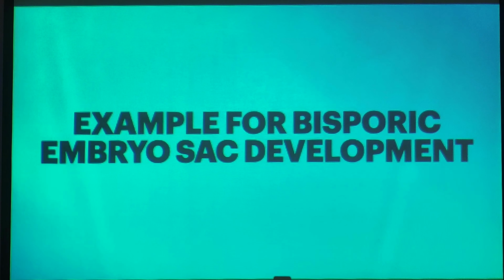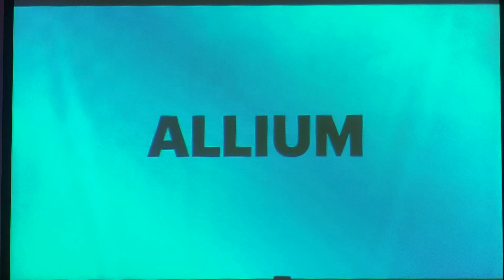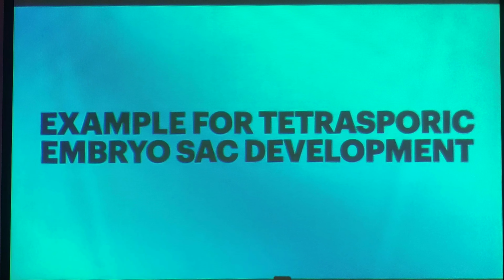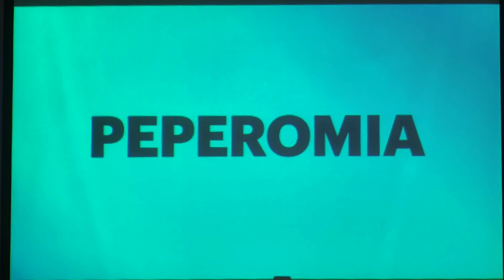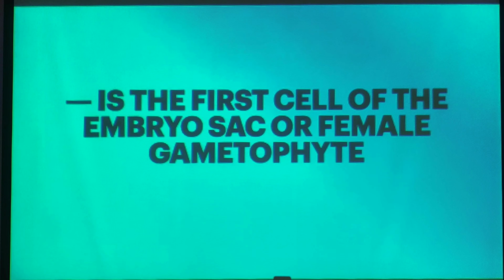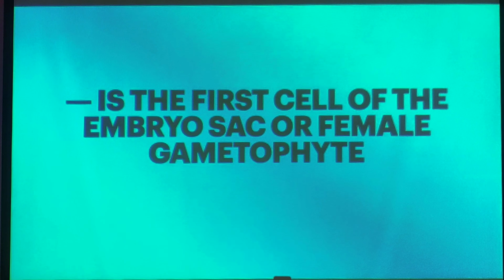Example for bisporic embryo sac development: Allium. Example for tetrasporic embryo sac development: Peperomia. Dash is the first cell of embryo sac or female gametophyte.